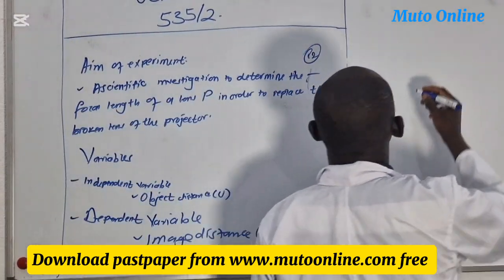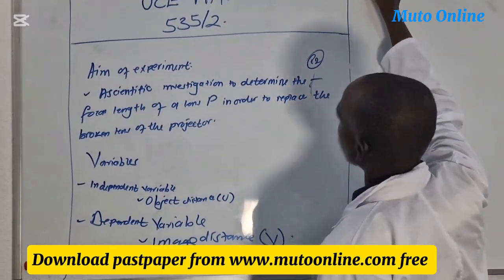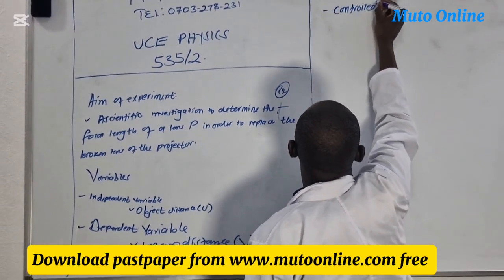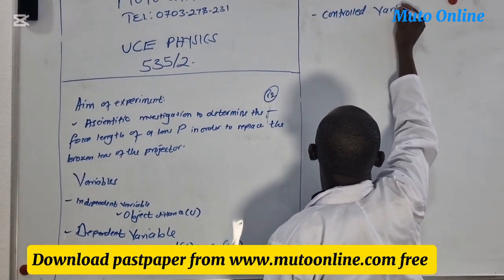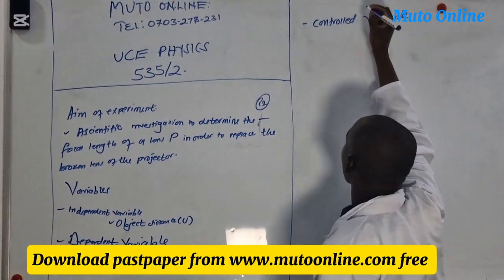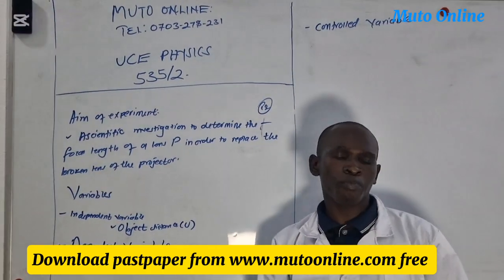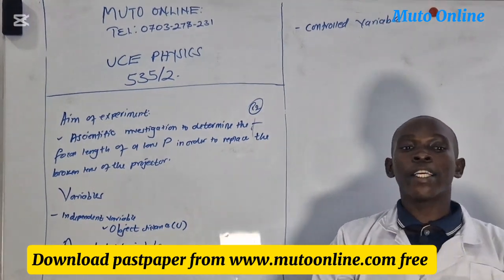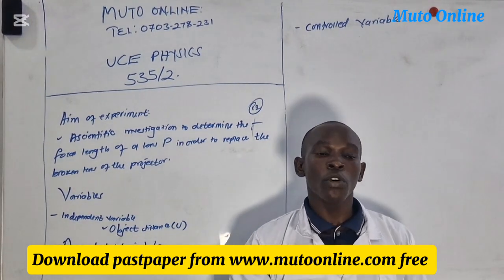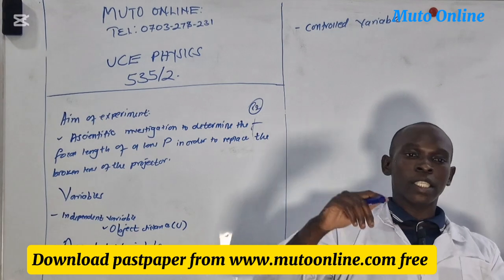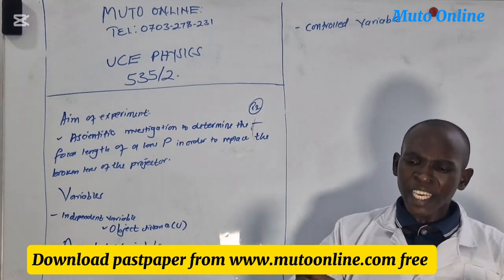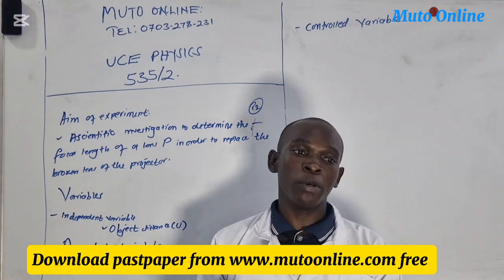And then we also have the controlled variable. Controlled, just from a mere hearing of the word controlled, you can increase, you can reduce. When you look at this experiment, this is a light experiment, and so the intensity of light that we can use can be controlled.